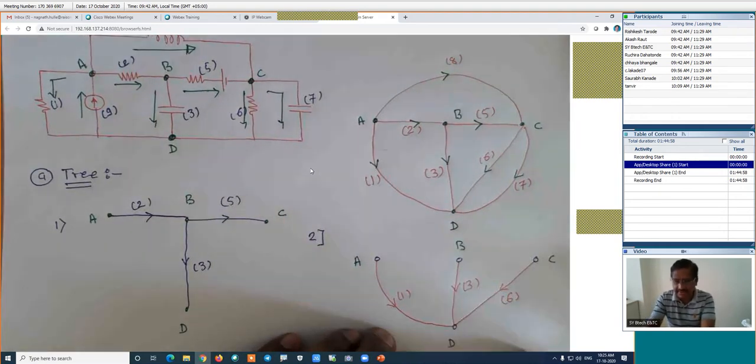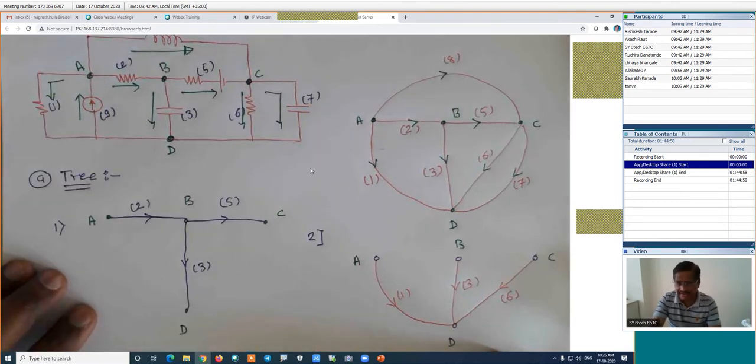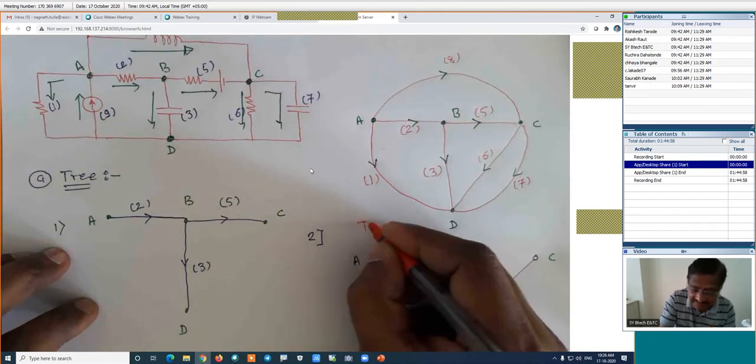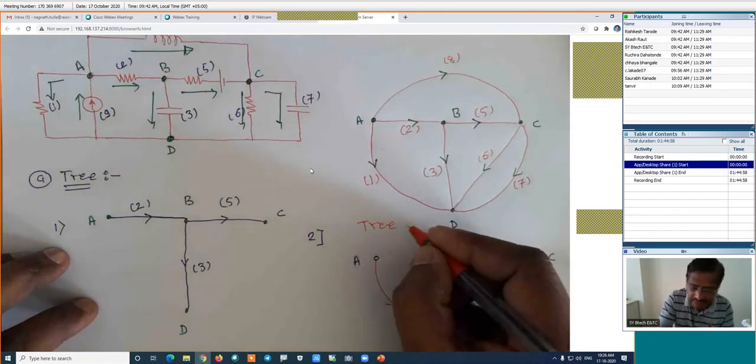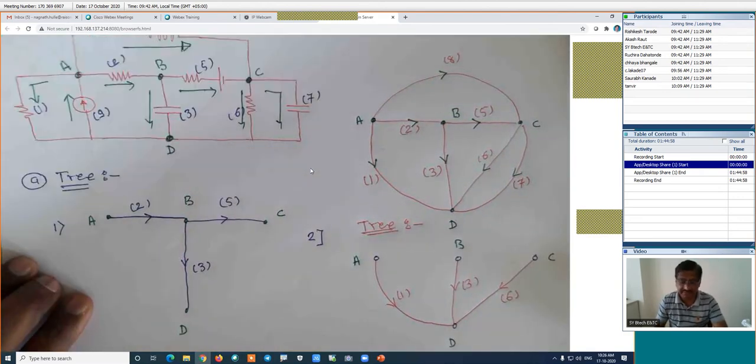Now look at, in this case also, we have connected all the nodes to each other directly or indirectly without forming a loop. This is also a tree for this given graph.